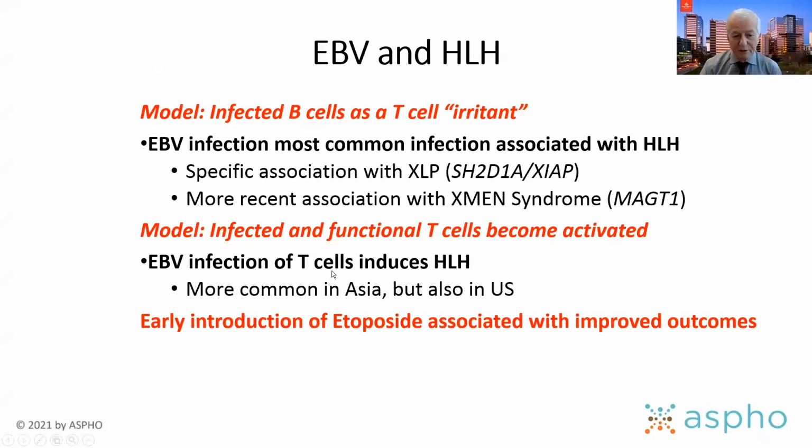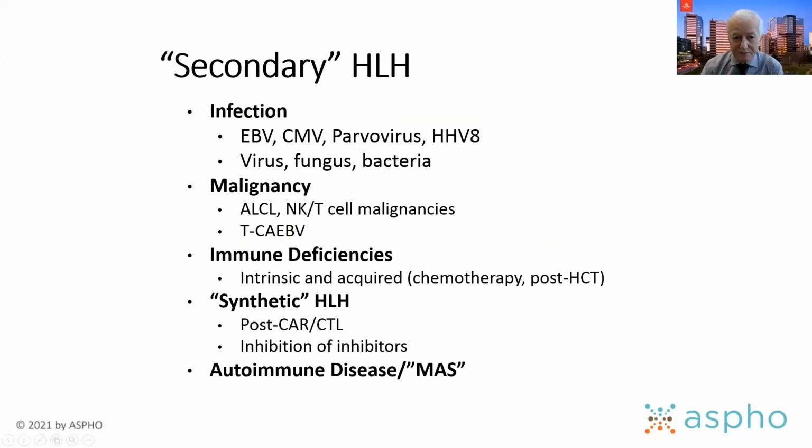It's been shown that T-cell infection with EBV is a little more common in Asia, but we do see it in this country also. And it's been shown that early introduction of etoposide is associated with improved outcomes in these patients. So what is secondary HLH?